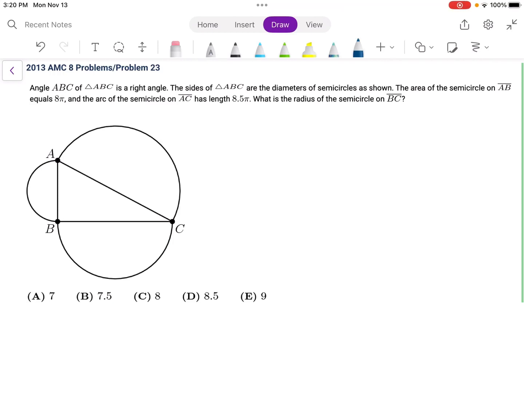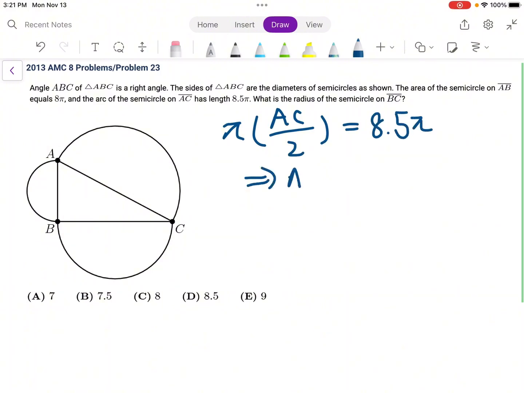Problem 23. Because the arc of the semicircle on AC has length 8.5 pi, that means pi multiplied by AC divided by 2 equals 8.5 pi. And we can get AC equals 17.